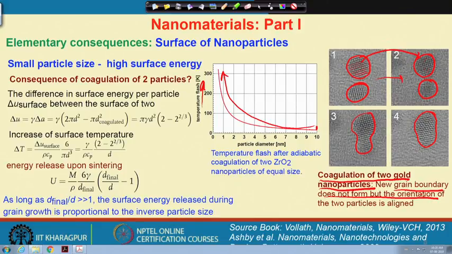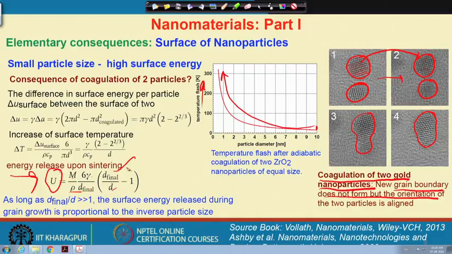Now, let us consider the energy released during sintering. So, the same energy is multiplied by m into 6 into mu by rho into d final. D final means after coagulation, after sintering. Here there will be one multiplication factor, that is d final by d minus 1.